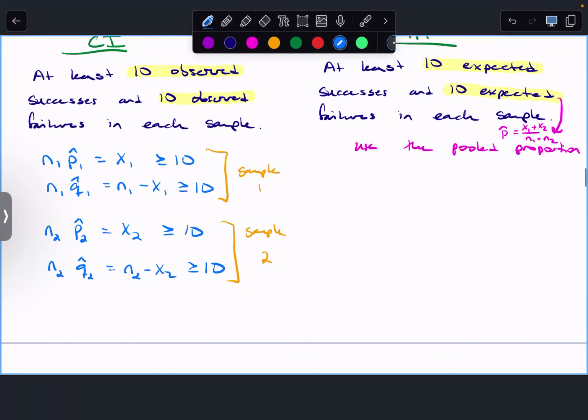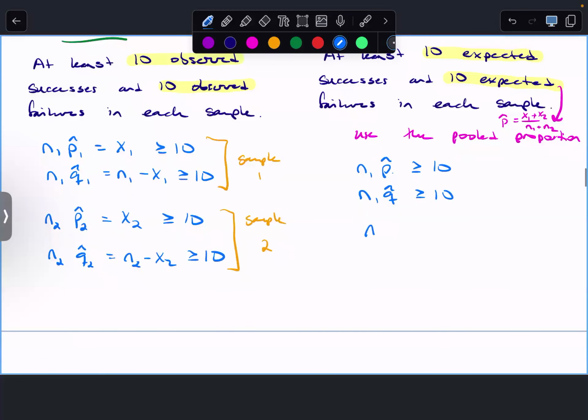They always will be, but you still have to check it. n1 times p hat has to be greater than or equal to 10. n1 times q hat has to be greater than or equal to 10. n2 times p hat has to be greater than or equal to 10, and n2 times q hat has to be greater than or equal to 10. Ta-da!